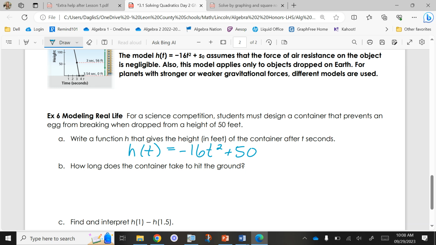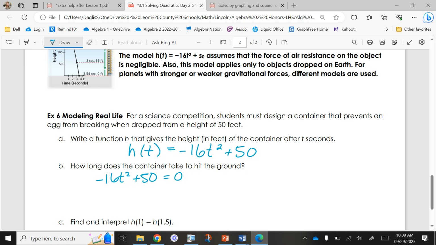So now we're going to use this to answer our next question. How long does it take the container to hit the ground? So that's my height, right? Let me make the whole thing equal to 0. We've done a couple of methods yesterday and today.